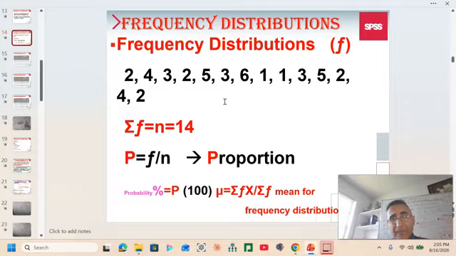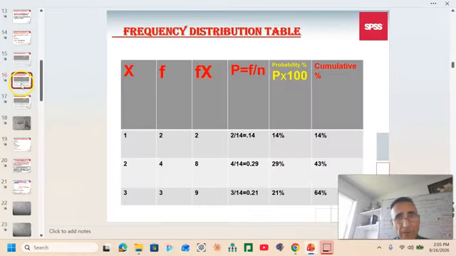But if you get millions of numbers, like instead of 14 numbers, you got 14 million, you don't have time to count all those numbers one by one. All you need is sum of f and sum of fx. That's why you need the fx. Add up the sum of fx divided by sum of f. Sum of f is n, the total number 14, and sum of fx are these numbers.